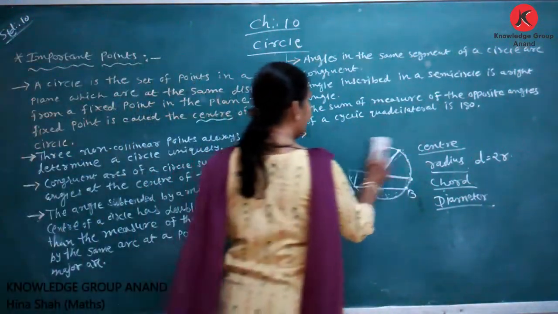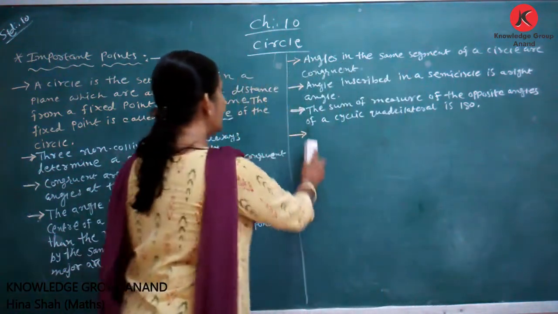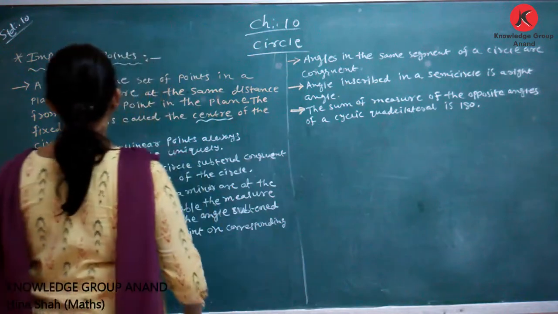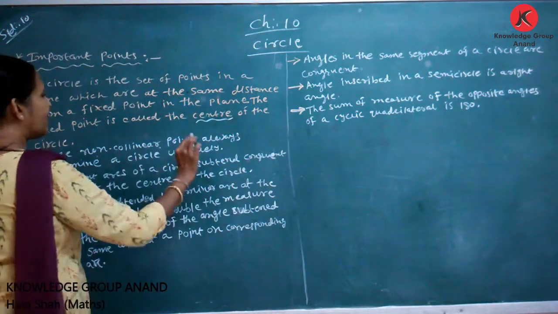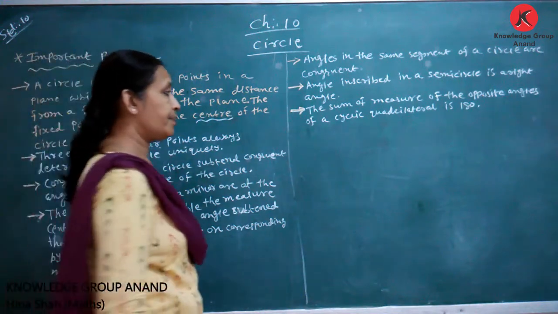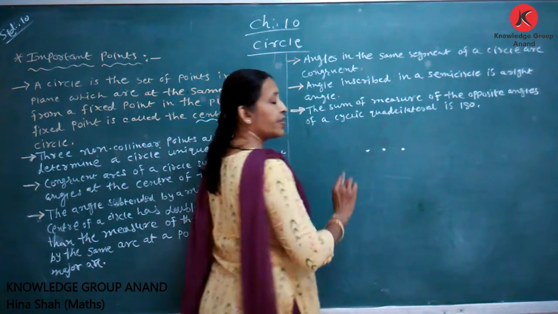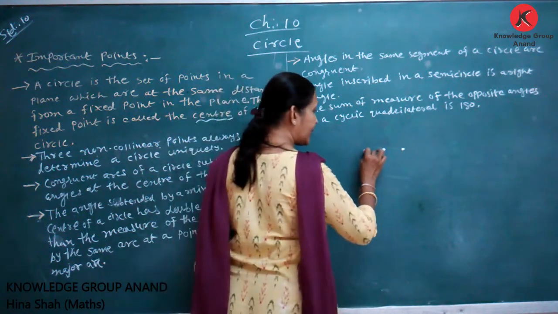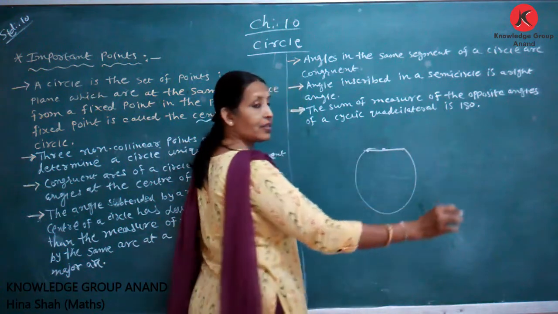Now, number 2. Three non-collinear points always determine a circle uniquely. 1, 2, 3. If they are collinear points, then it is not a circle.